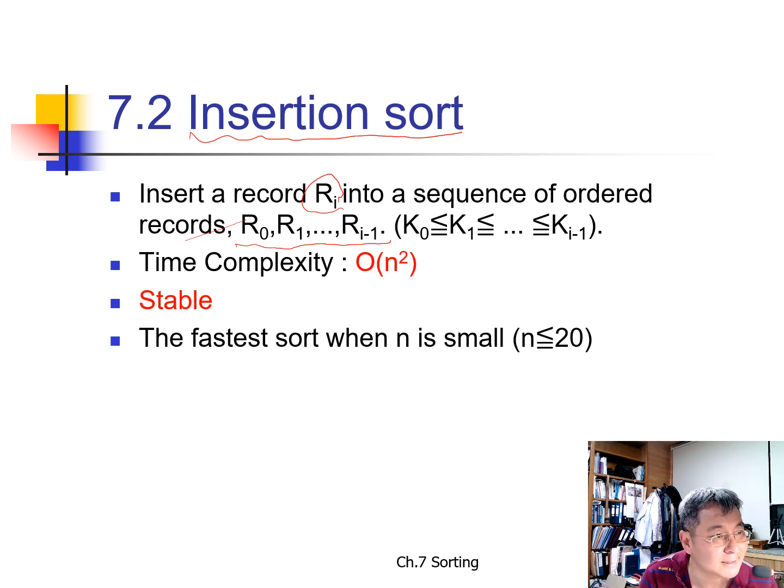That is the insertion sort method. This algorithm's time complexity is big O of n squared, it belongs to the stable sorting methods, and it is very fast when n is very small, when the data is very small.